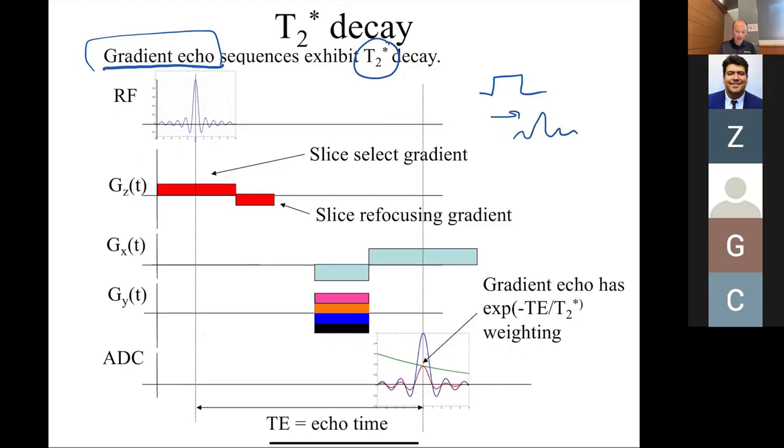If I had no decay, I would just get that sinc function. But things are decaying, so I represent it as that sinc function multiplied by this weighting term, with T2 star. So as I'm collecting the data, it's being reduced by this weighting term that's decaying at T2 star. All right.